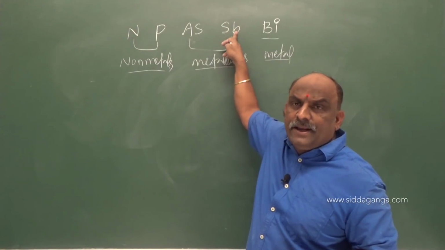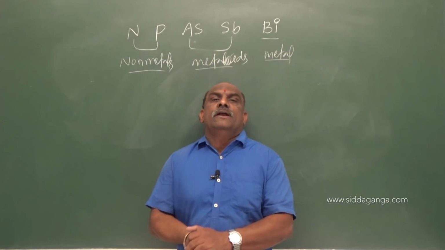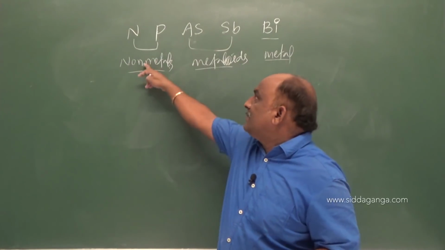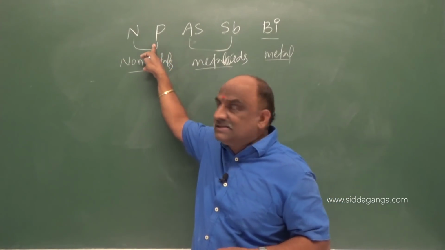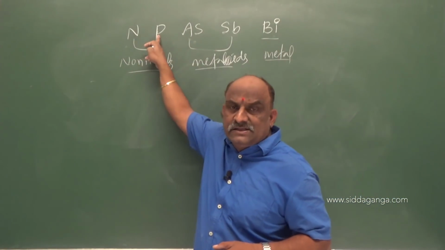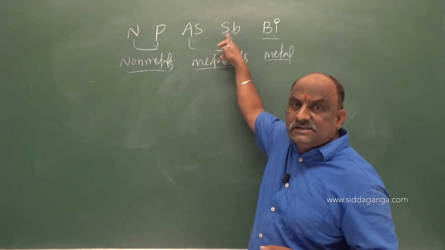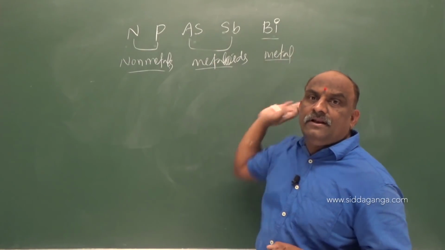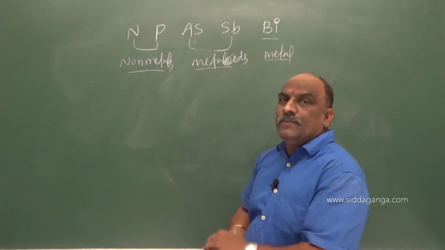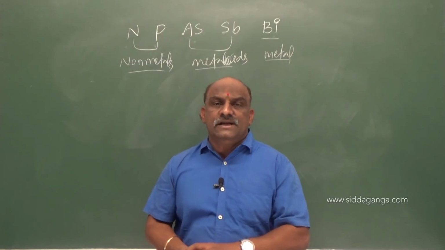Arsenic and antimony are considered as metalloids. Nitrogen, phosphorus are non-metals. Bismuth is a metal. So down the group, metallic property increases and non-metallic property decreases.